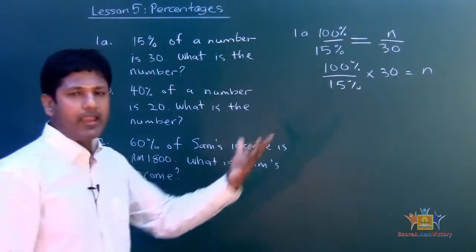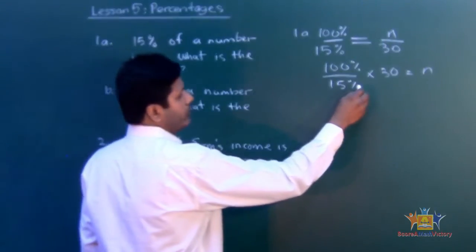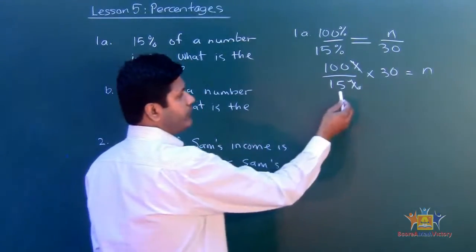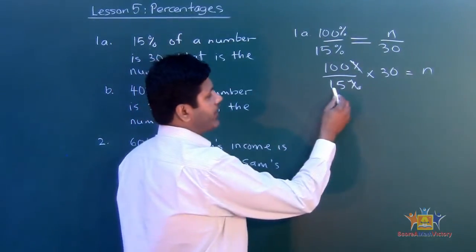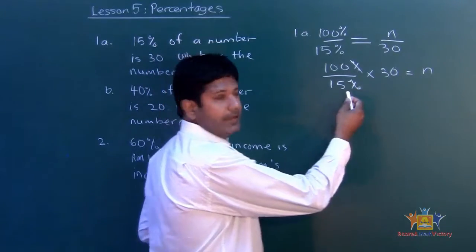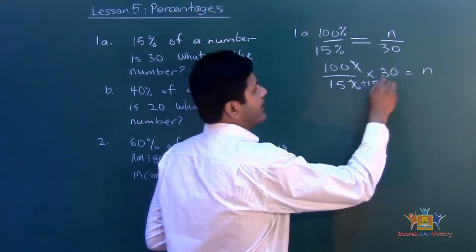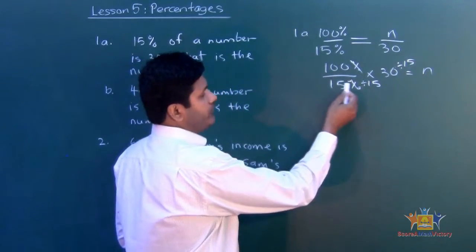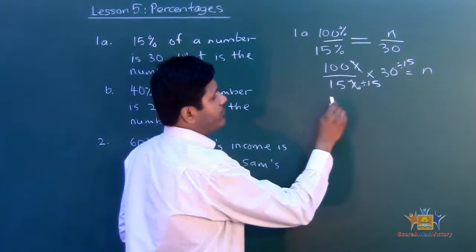So I'm going to cancel the percentage. Look at that, 15 and 30. I can divide this by 15 and I can divide this by 15. So 15 divided by 15 becomes 1. So let me rewrite that.